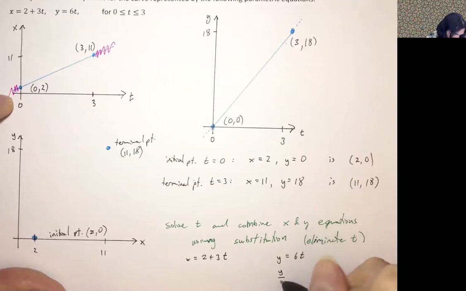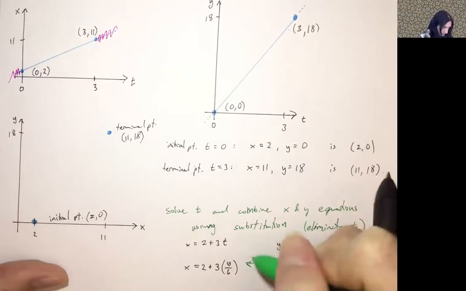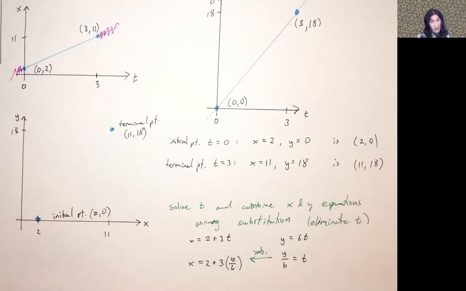Let's say y over 6 is equal to t. And now I can substitute that in to this equation right here. So I have x equals 2 plus 3 times y over 6. Okay, that's what we did with that substitution there. And well, that's definitely an equation for a line, because both x and y are first powers there.